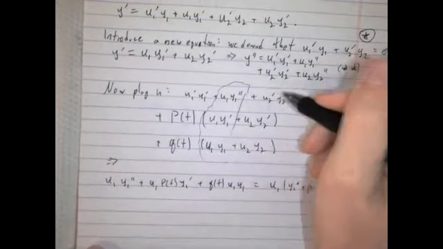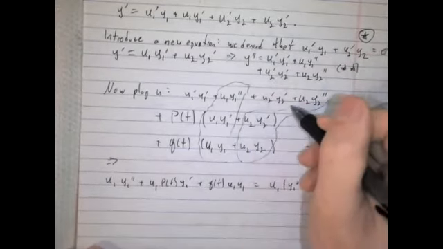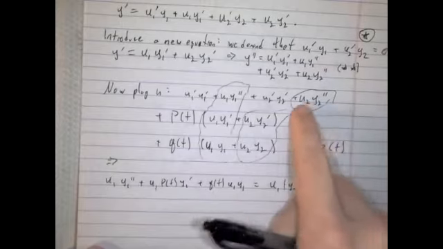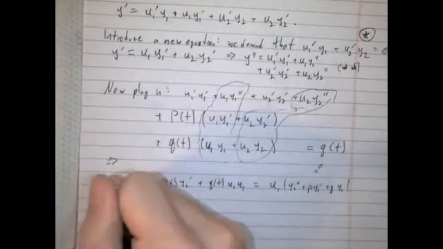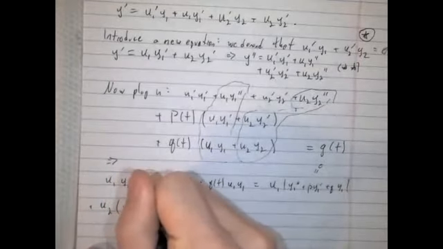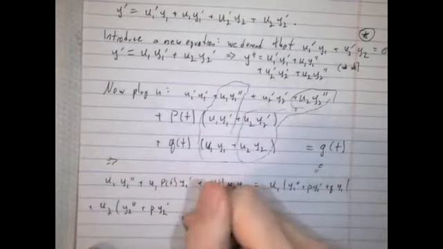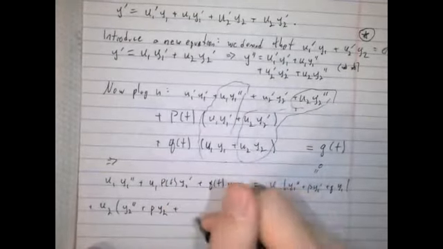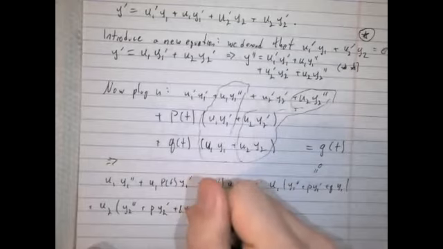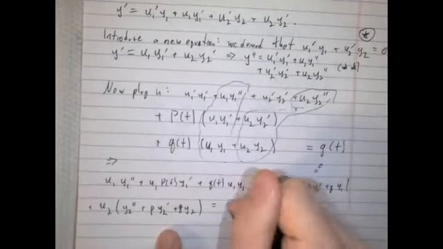And I can also do that over here. Here I've got the same sort of thing happening with the u2 times y2 double prime plus p y2 prime plus q of t y2. And this is also equal to 0.